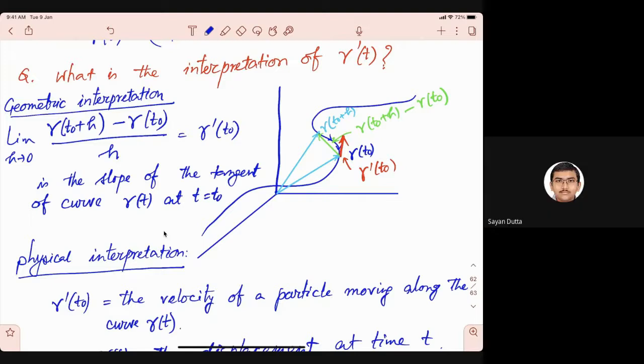Sir, yes. I think I'm a little confused. When we plot graphs in 2D, x by y, we figure the slope of a line is the angle it makes with the x-axis, right? But how do we define the slope of a line in R3?